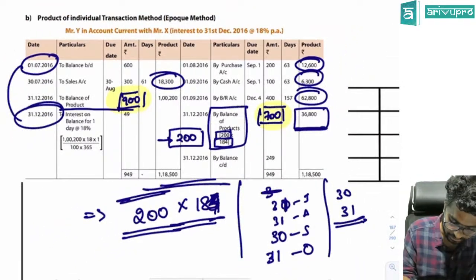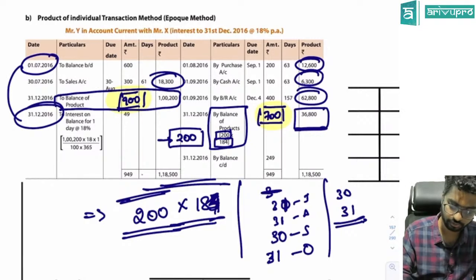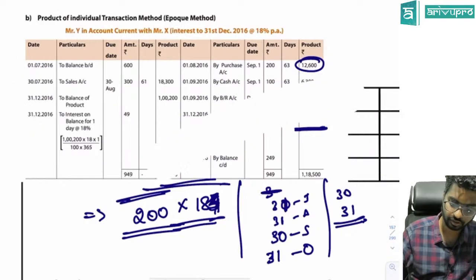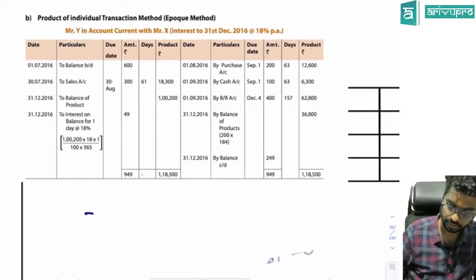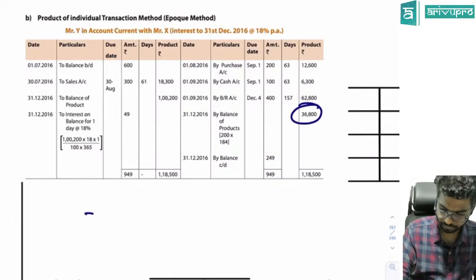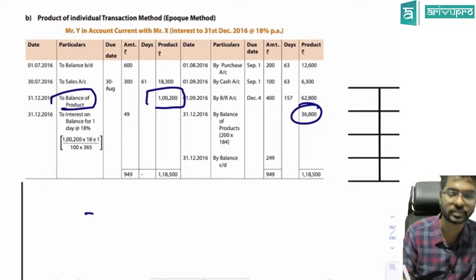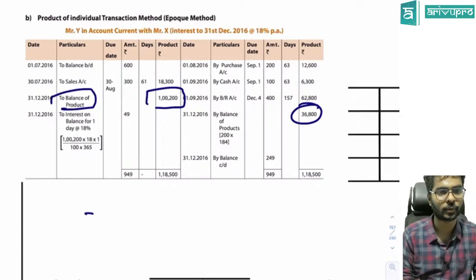This you find then the closing balance. So you're going to be writing this amount in the balance of the products, right? Then do the balancing figure, you will get this balance of the products. Are you guys clear till now?